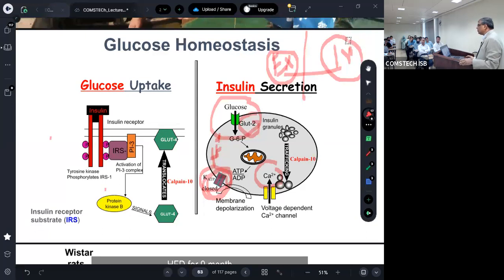Where is the concentration more, inside the cell or outside the cell? More outside the cell, 100-fold higher. Once the gate is open, calcium goes in rapidly because there is a gradient. Once calcium goes inside the cell, it is the trigger.